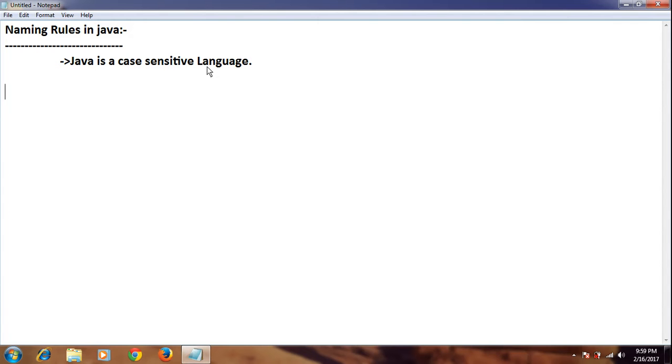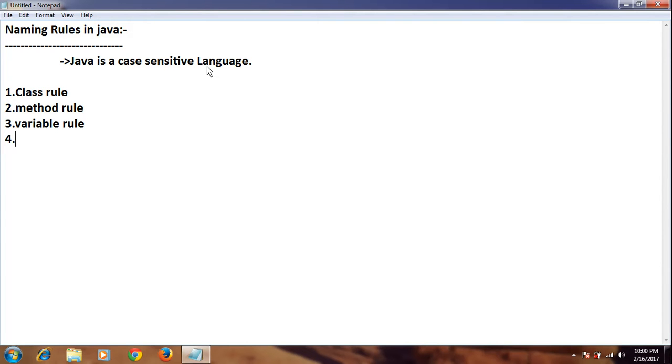What are the main naming rules we have in Java? First rule, class rule. One more is method rule. One more rule is variable rule.